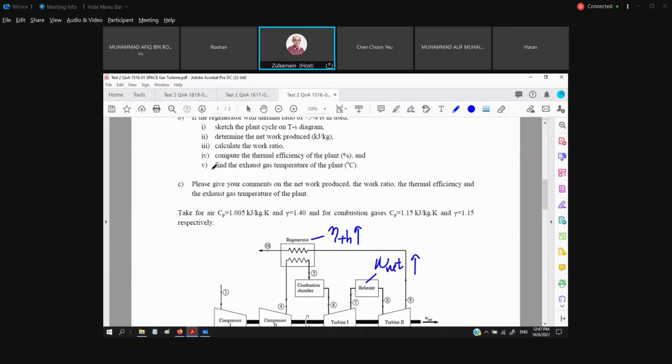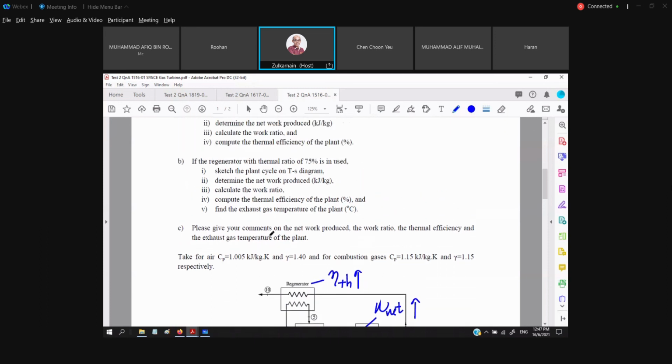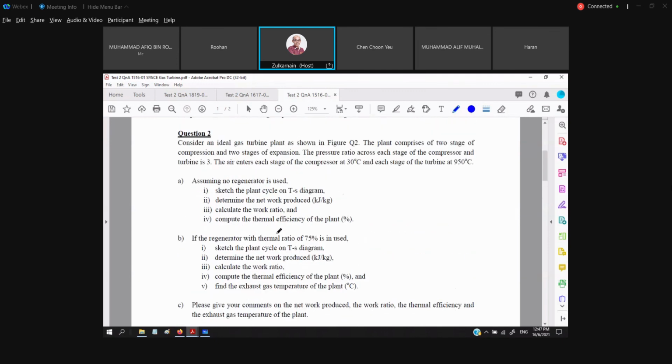Find the exhaust gas temperature of the plant. So we need the T10. So you have in total 10 states, 10 temperatures. And then let us see, is there any isentropic efficiency? No, there is no isentropic efficiency. So you could have more time to solve it. But through my experience, you are going to have a very solid 45 minutes in order to solve this problem. Okay?